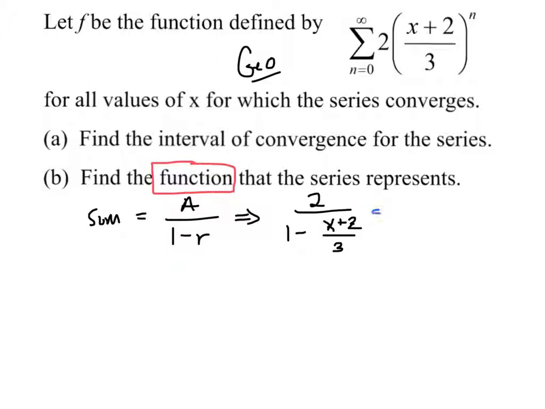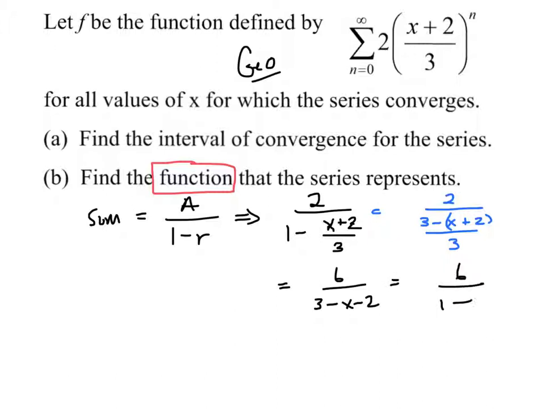If I get a common denominator, dividing by a fraction is the same as multiplying by a reciprocal, so this becomes 6 over 3 minus x minus 2, which would be 6 over 1 minus x.